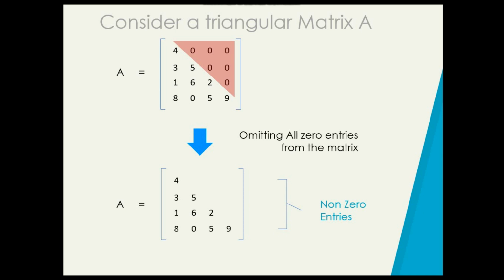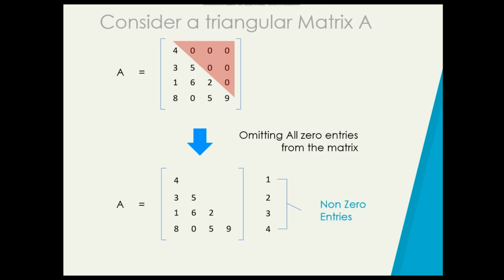Now we'll omit all the zero entries from this matrix. The first row of this matrix will be containing one non-zero element, the second will be containing 2, third 3, fourth 4, and so on. So as we can see, this makes an arithmetic progression.